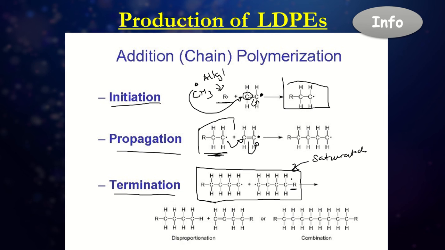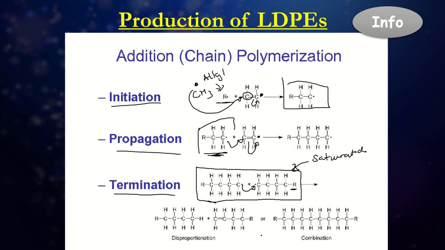These are all single bonds. It's latched onto an alkyl group here, which means when these two combine to form a bond, they're not going to be able to create another additional free radical that can then latch on to another monomer. So that basically ends the chain building for our polymer here.